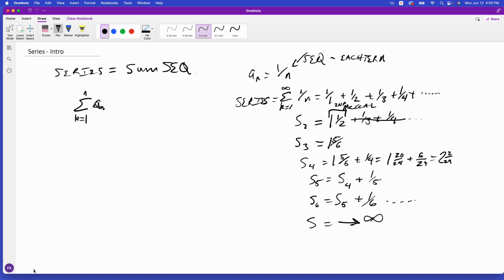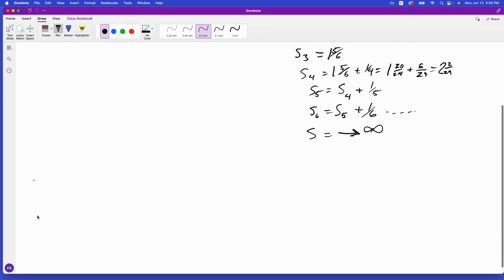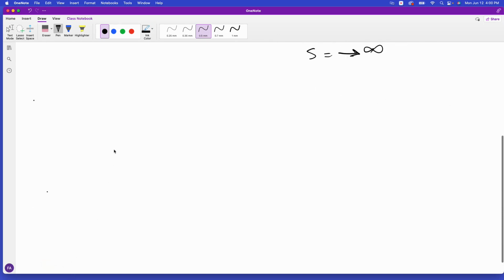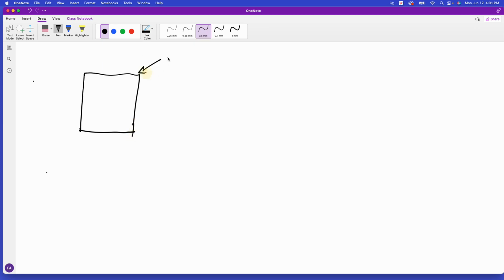In some instances, you run into situations where the sum is actually finite. That may seem weird: you're adding an infinite number of pieces together and you can get an actual finite value, a particular number. Think of this box. We already have the example where we add all the values together and it goes on forever. Here we have this box, and the area would be 1.